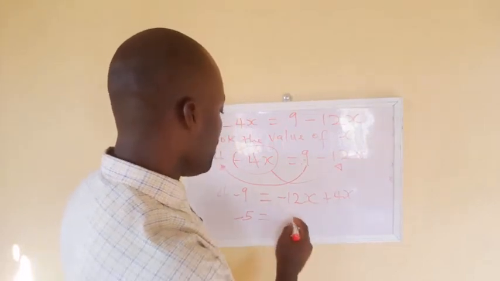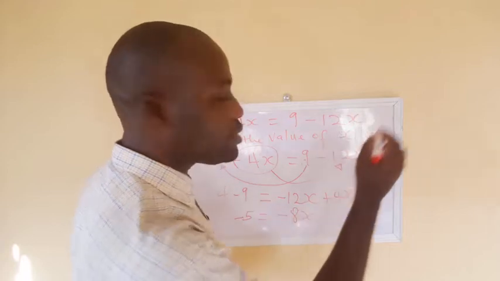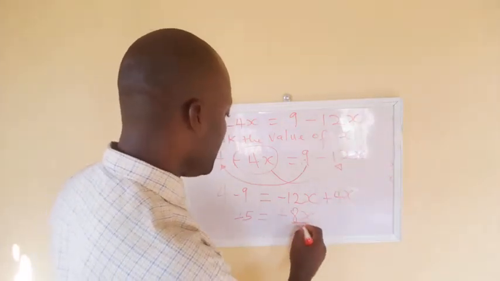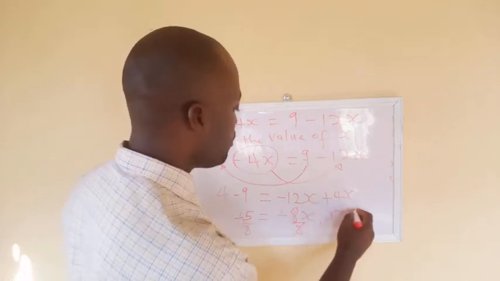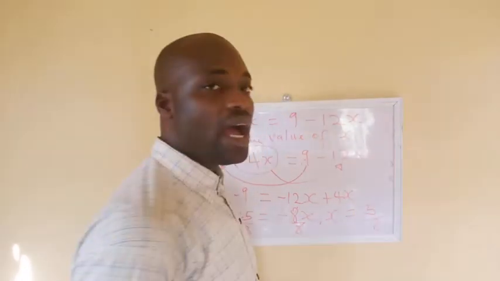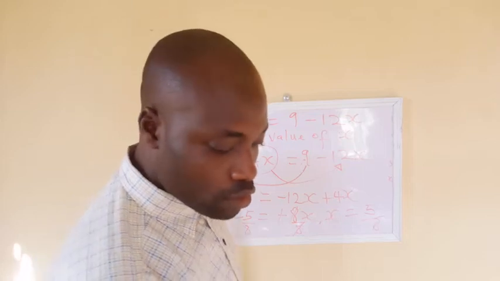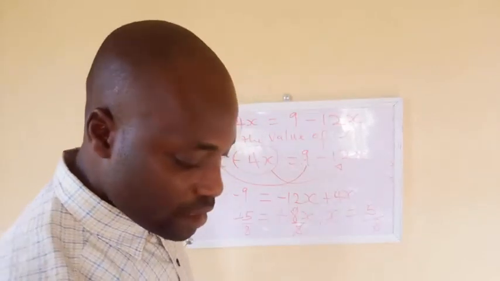So you are still owing minus 8x. So minus cancels minus, then dividing both sides by 8, 8 cancels 8, then x will be equal to 5 over 8. So immediately we get x to be equal to 5 over 8.